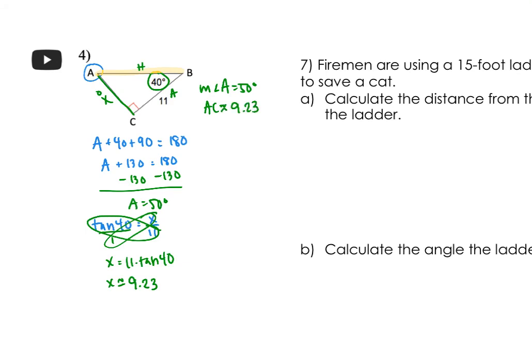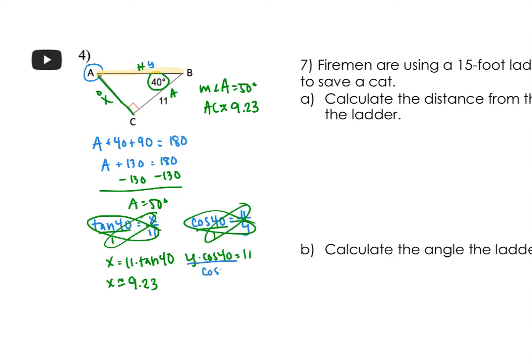Now I'm going to solve for AB, which is my hypotenuse. And again, I'm going to use my adjacent side. So adjacent and hypotenuse means we're going to use cosine. So it's going to be cosine 40 equals 11 over, and we'll call it y. Cross multiply. So y times cosine 40 equals 11.